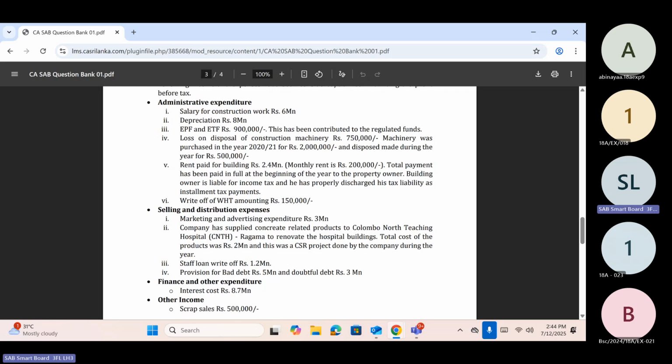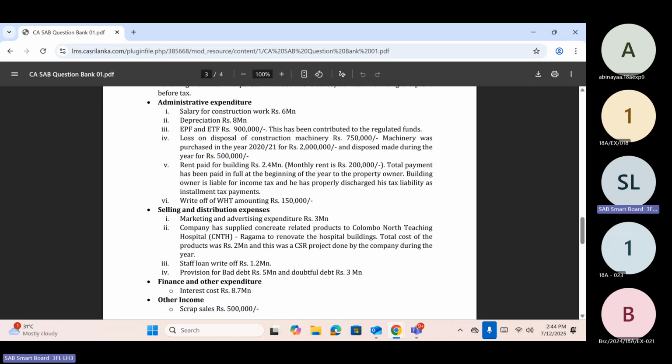Can it be written off or not? No, staff loan is not a trade debtor. The company did not necessarily incur that staff loan to generate income. It is not deductible. Same thing, not incurred for the production of income.